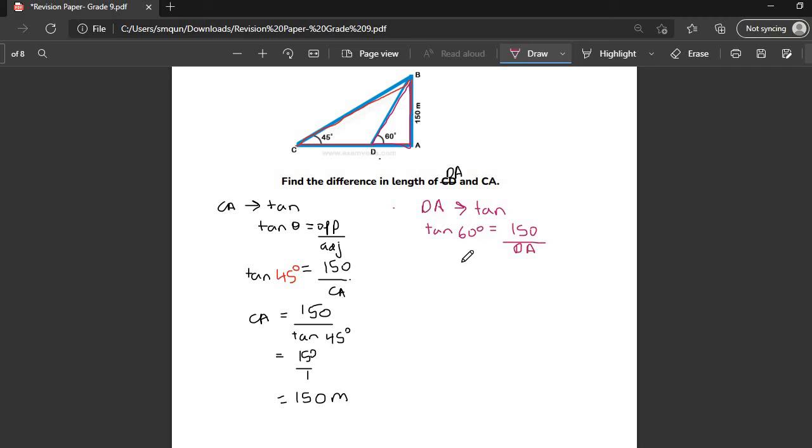We need to solve for DA. The shortcut method: whenever the side that you want to find is in the denominator, you divide the known side by sine or cos or tan of the angle. In this case it would be tan 60 degrees.